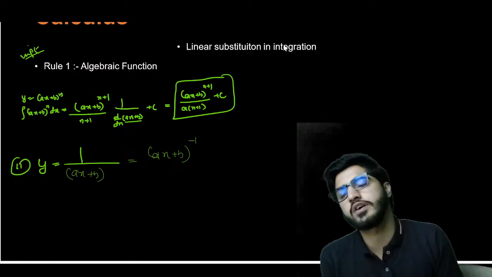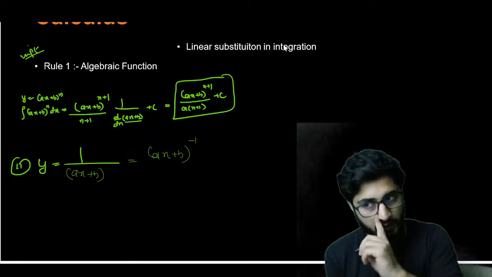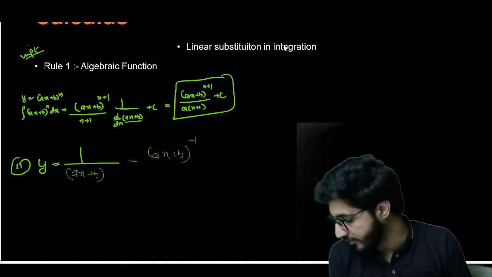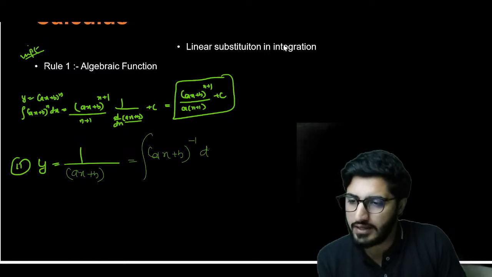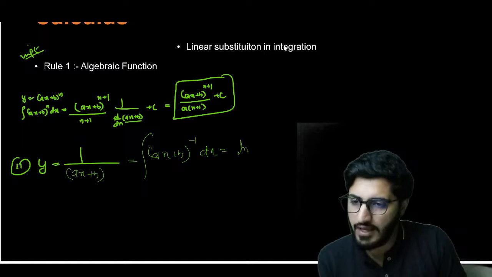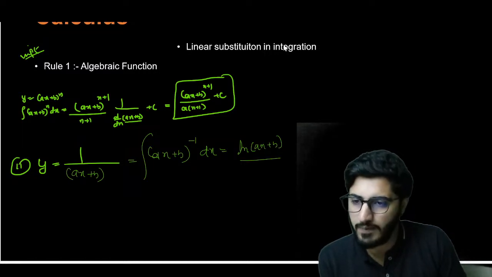If we are having minus 1, we cannot do the previous one. What we can do now, if we have minus 1, is apply the log. So it will be ln of ax plus b, divided by the differentiation of ax plus b, that is only a, plus c.